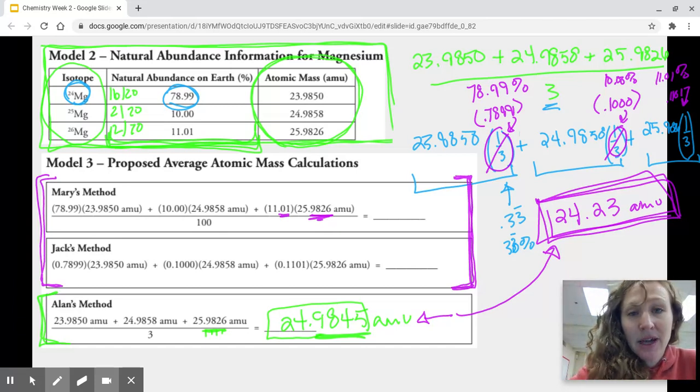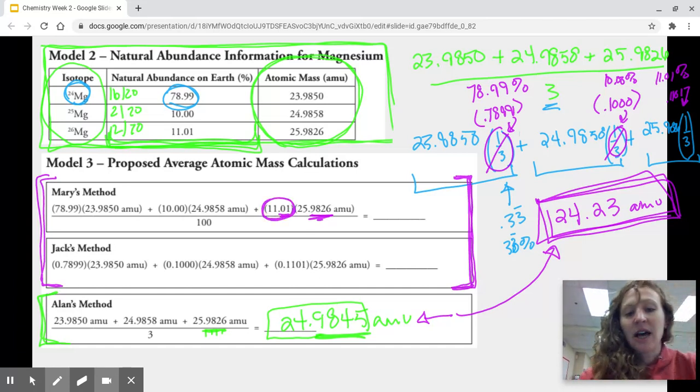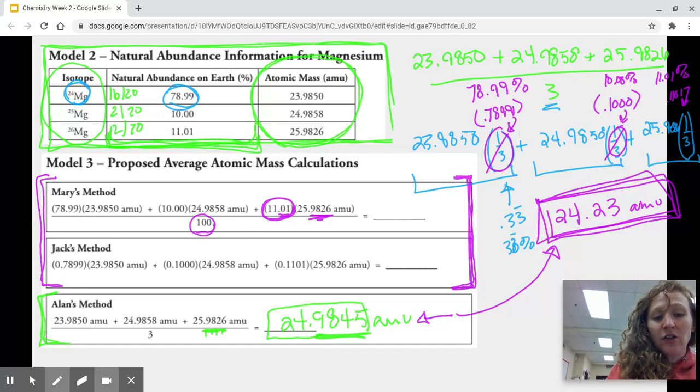Okay, in Mary's method, what you'll see here is her abundances, she uses the actual percentage, 11.01%, 10.00%, 78.99%, and she ends up dividing by 100 before she gets her answer. Jack's method does not use the percent form.